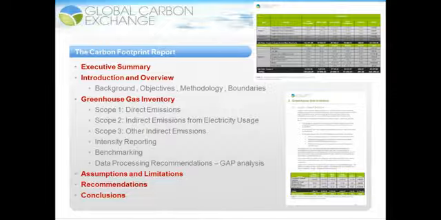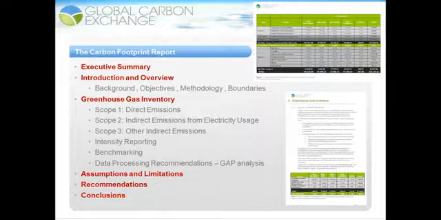We talk about intensity reporting, and if it is a consecutive carbon footprint, then we will provide the comparison with previous periods. We also provide benchmarking with the data that is publicly available for companies in similar sectors. And then we also make sure, and very important, that the recommendations regarding processes and systems are clear in the report so that the gaps that are found in the data collation process can be filled during the next period.